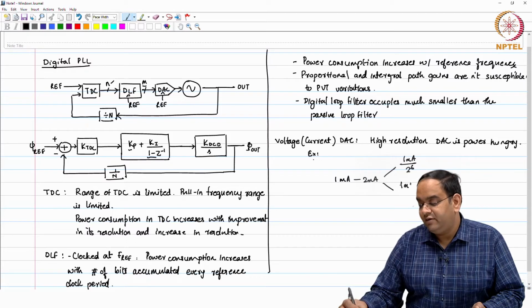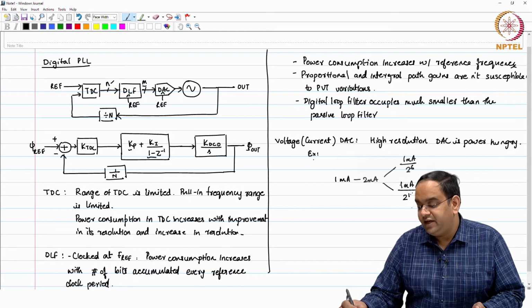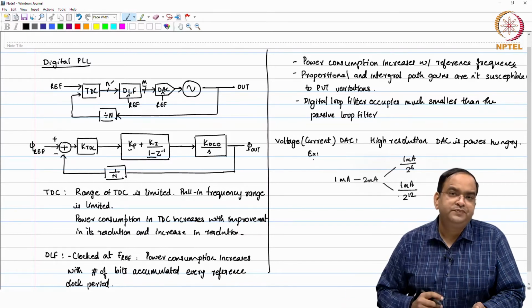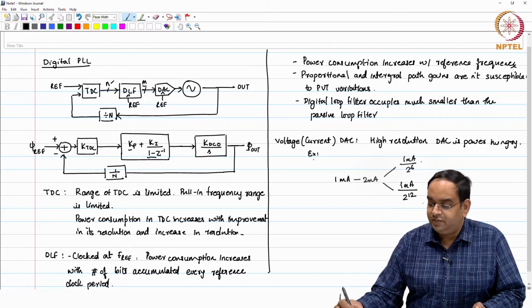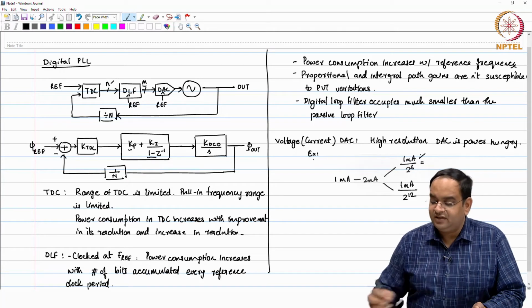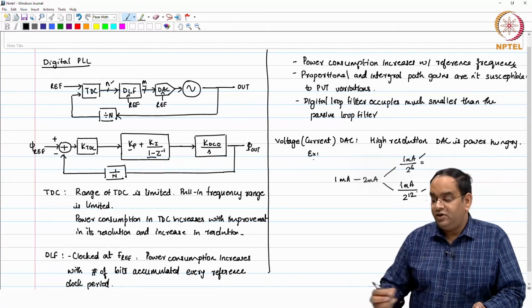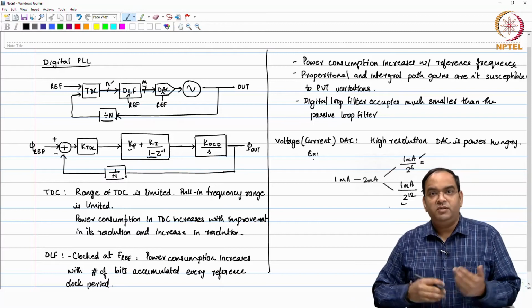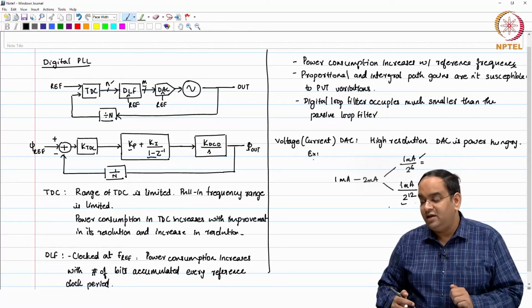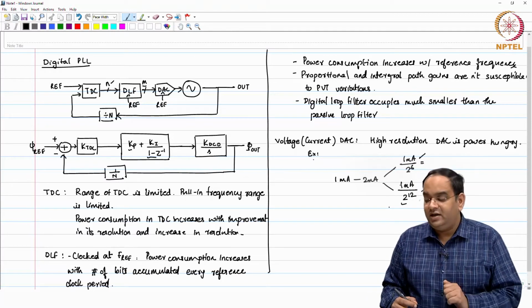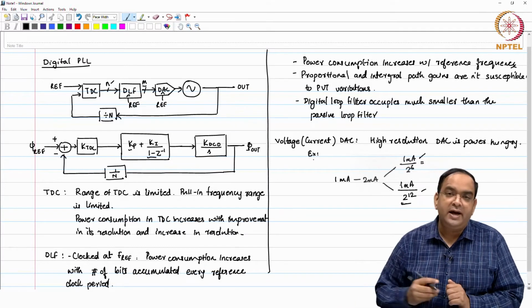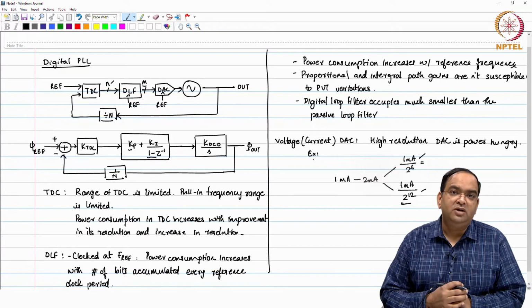I can also have 1 milliampere by 2 power, let us say, 12. So, the resolution is much coarser in the first case as compared to the other, but the other needs more bits, more current cells. You want to maintain the linearity. As you want to maintain linearity, a high resolution DAC is going to be much more power hungry.